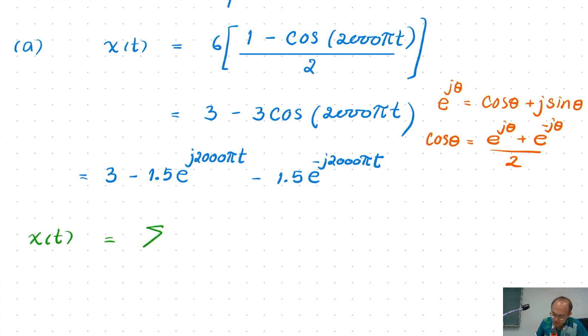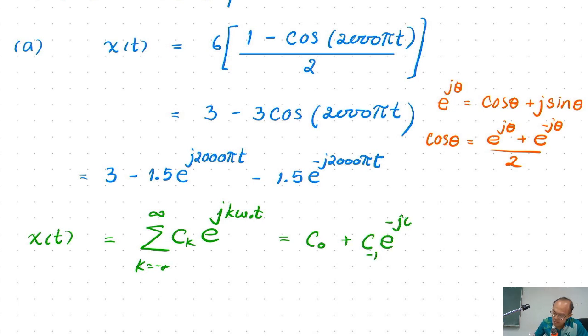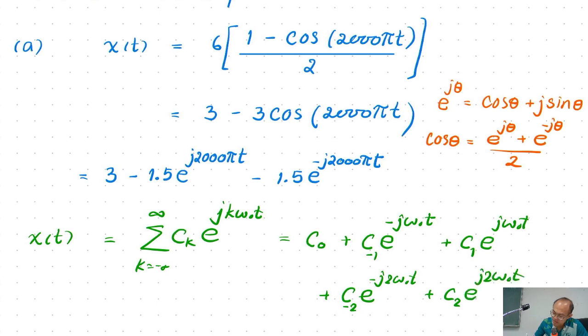We know the Fourier series is this complex exponential sum: C0, plus C minus 1 e to the minus j omega 0 t, plus C1 e to the j omega 0 t, plus C minus 2 e to the minus j 2 omega 0 t, plus C2 e to the j 2 omega 0 t, and so on.